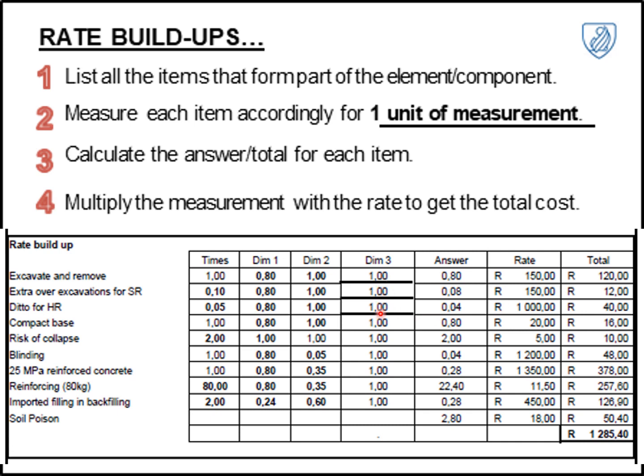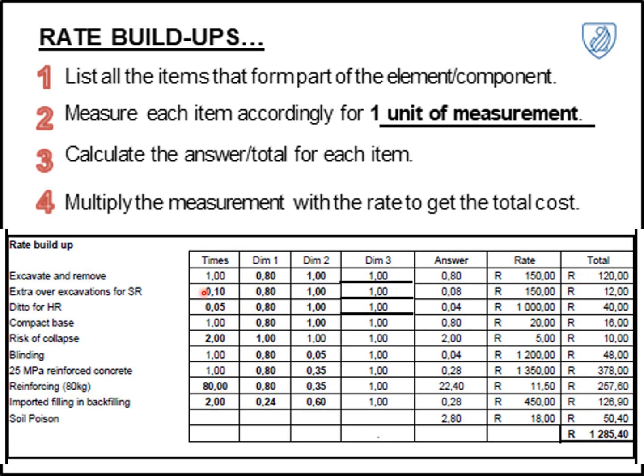So this dimension here, the 1, is converting it to a 1 meter section. For 800 millimeter wide and 1 meter deep excavation for 1 meter in length, we times that together to get to our factor that is applied to our rate to get to the rate per meter.